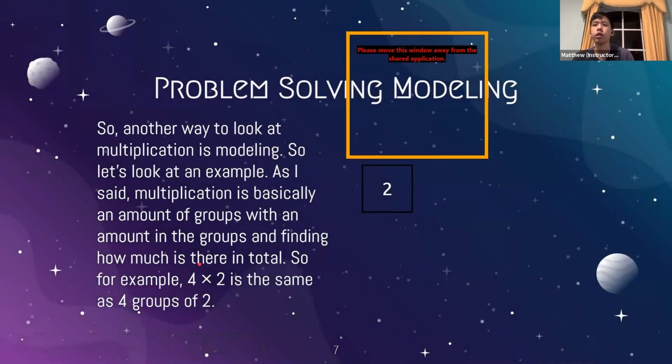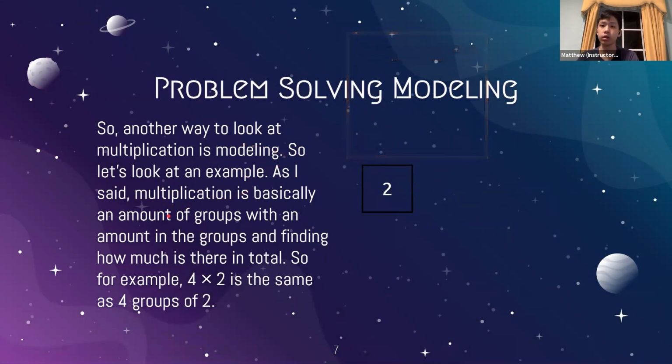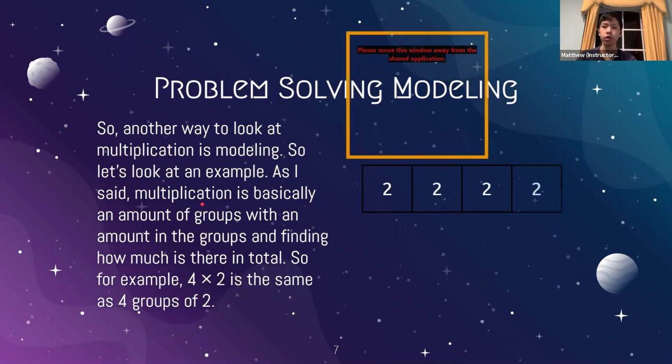Another way to look at multiplication is modeling. As I said, it's a glorified addition. Let's say, for example, 4 times 2. That's the same as 4 groups of 2.